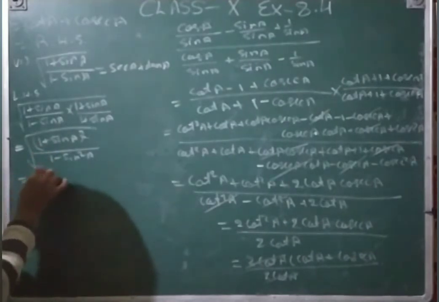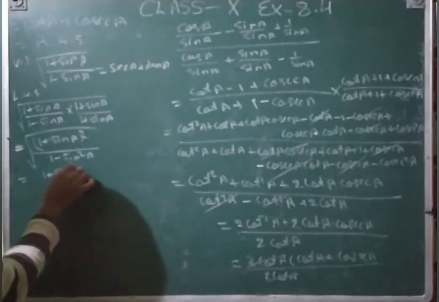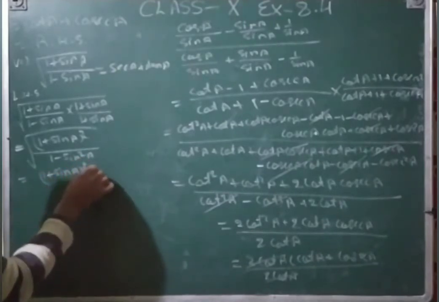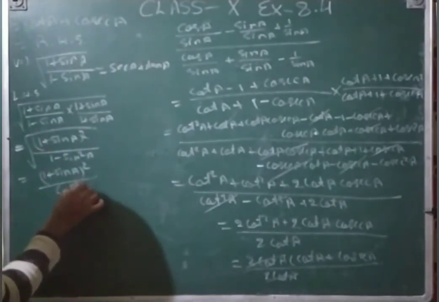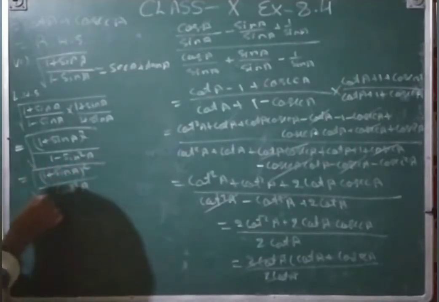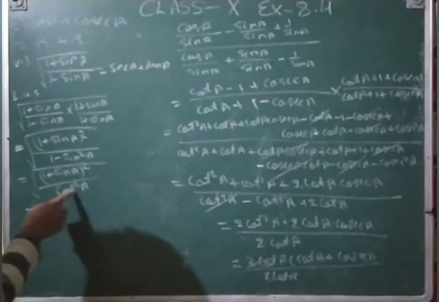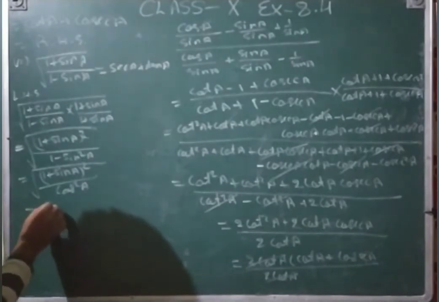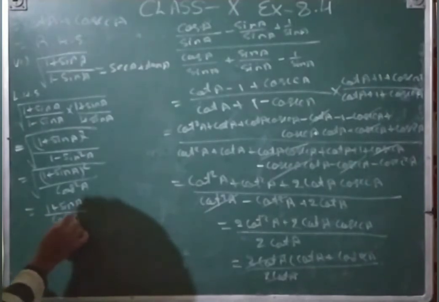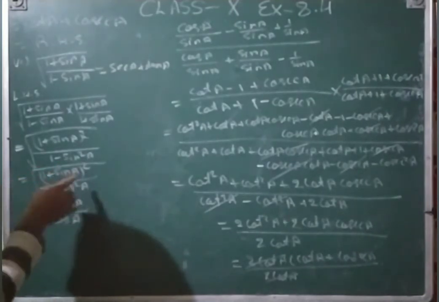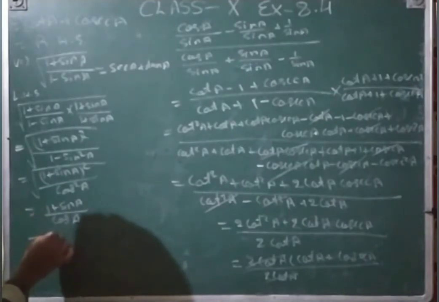So that is 1 plus sin A whole square, and 1 minus sin square is equal to cos square, and then both places are whole square, so that will be 1 plus sin A upon cos A, and by the square the under root is cancelled.